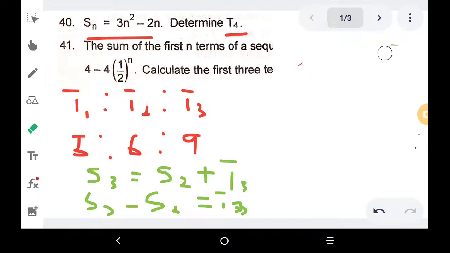It seems as if I have the sum and I want to get T. If you have the sum, T3 can be given by S3 minus S2. Now, let's generalize and get a formula that we'll use each and every time we have a sum and want to get Tn.